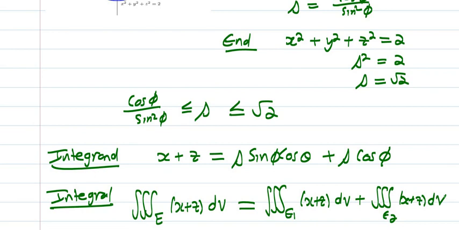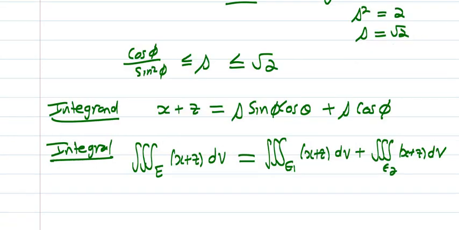Because if we do it like this, it allows us to describe it using spherical coordinates. All right. And now we can continue, and we can now say, all right, E1, that is the points above the xy plane. So this becomes a triple integral.